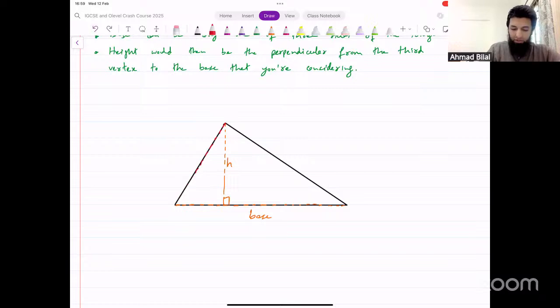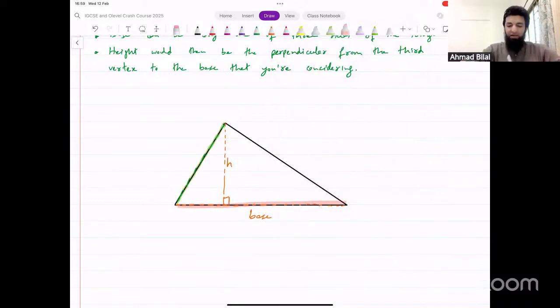Now let me use another color so there's less confusion. Let's use green for this. So now we have this base. I'm taking this as the base now. In the earlier case, I took this side as the base.